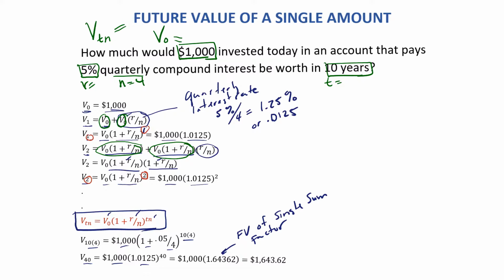In this problem, since we're multiplying by 1,000, getting the final result is easy. We just move our decimal place 3 places to the right, and we get our result, $1,643.62. So at this point, let's consider calculating that amount with a financial calculator, and then we'll move to using Excel's future value, that is FV function.